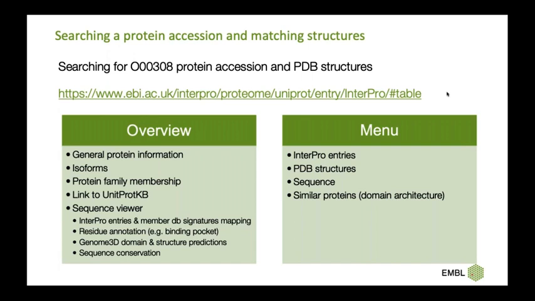We also provide residue annotation, for example, binding pockets. And we have Genome 3D domain and structure predictions and information about the sequence conservation. From the top menu, we have access to all the InterPro entries matching this particular protein, the different PDB structures, the sequence of the protein, and similar proteins based on the domain architecture.